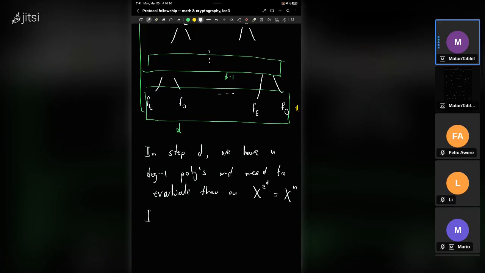So now if the size of x to the n is of the order of magnitude of n, then the complexity of step d will take, well, I need to evaluate n degree 1 polynomials on a set of size n.